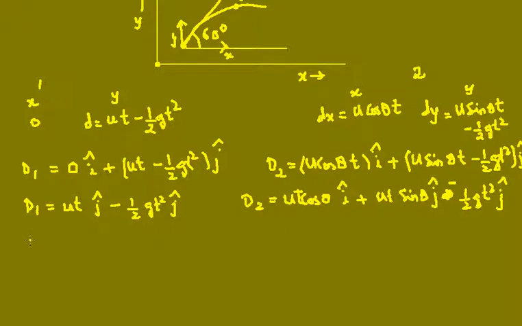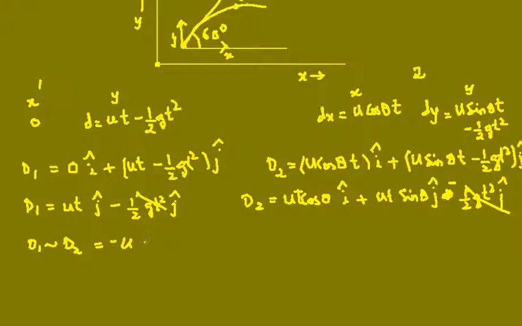So the difference of the displacements, d1 minus d2, has some common terms which I can eliminate easily: half g t square into j cap and half g t square into j cap, this one and this one completely.